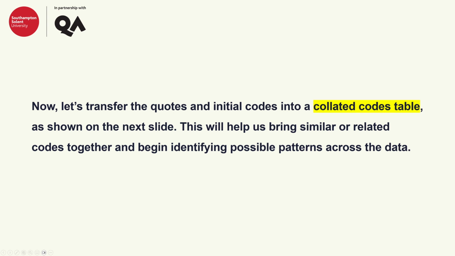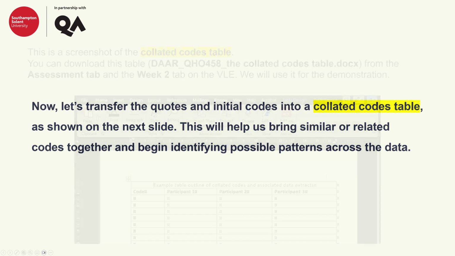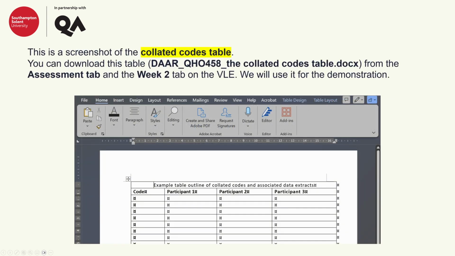However, the first arrangement does not need to be perfect. The groups we create are temporary, and we can merge, rename, divide, or remove them as our understanding develops. Here is a template for the collate code table, which is available under the Assessment tab or the Week 2 tab on the VLE.